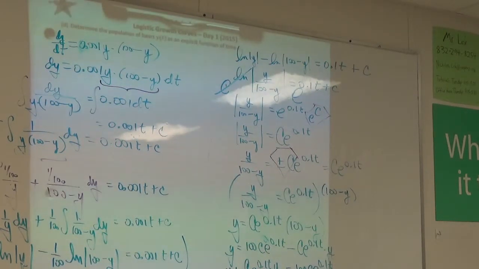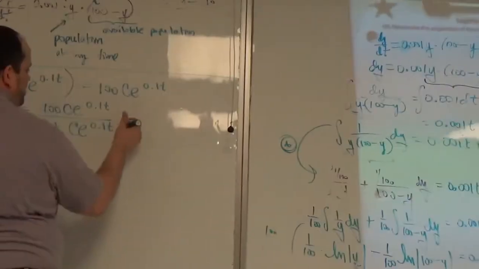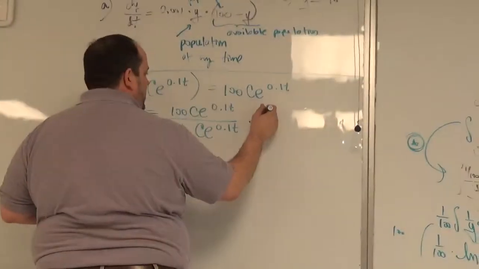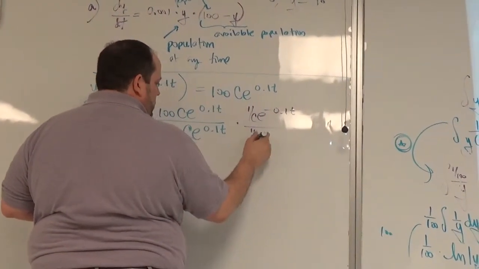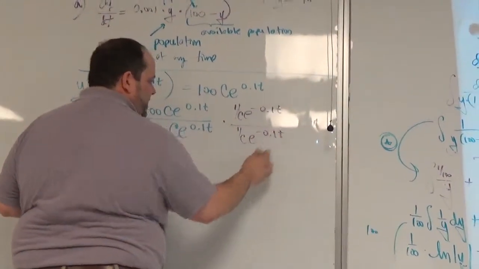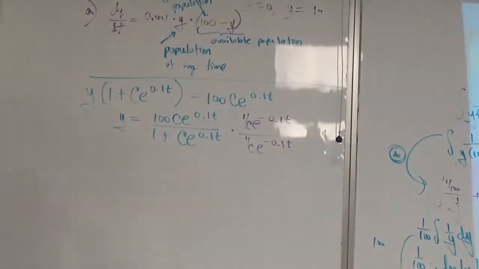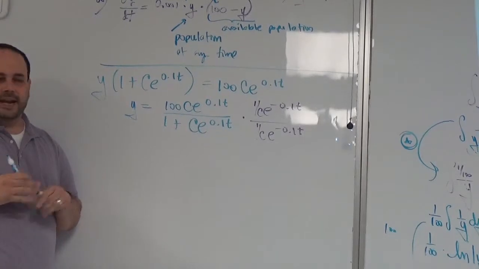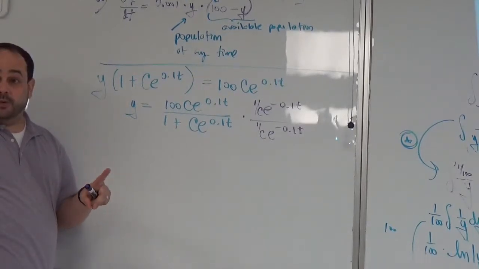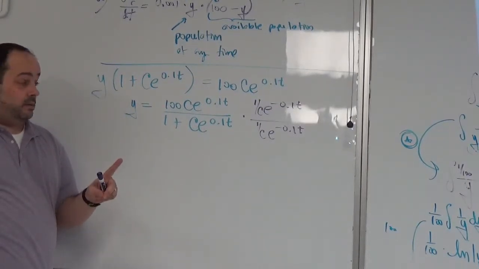I want to do one more bit of calculus magic here. I'm going to multiply by 1 over c e to the negative 0.1 t. Is this legal? I didn't say this is the thing you thought you would be doing, but is this legal?